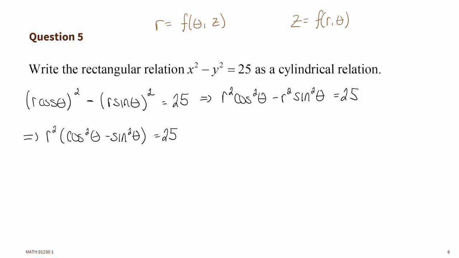Negative, and make it sine minus cosine. Well, if you factor out negative, it would be sine squared minus cosine squared, right? How does that simplify? Sine squared plus cosine squared is 1.